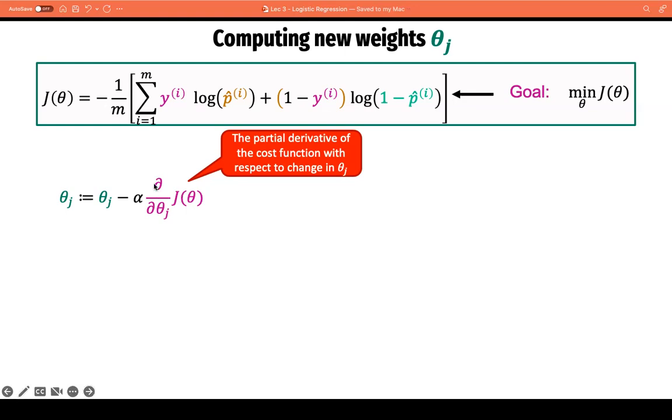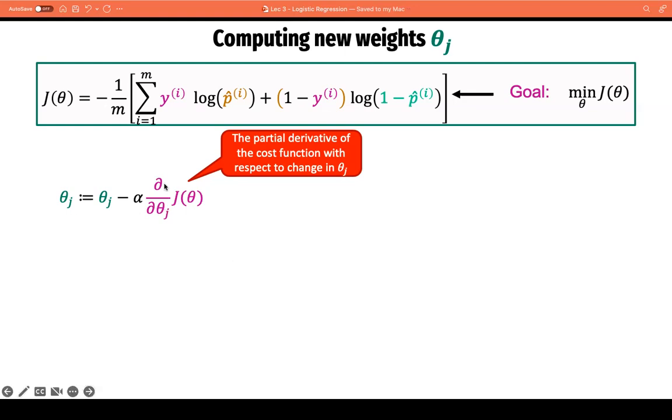So this numerator is the change in this cost function with respect to the change in theta. In other words, we are going to change the weight a little bit, and with that change in the weight, how much is the change in the cost?